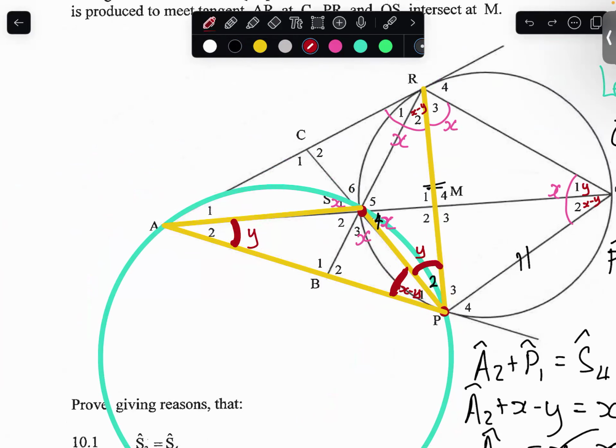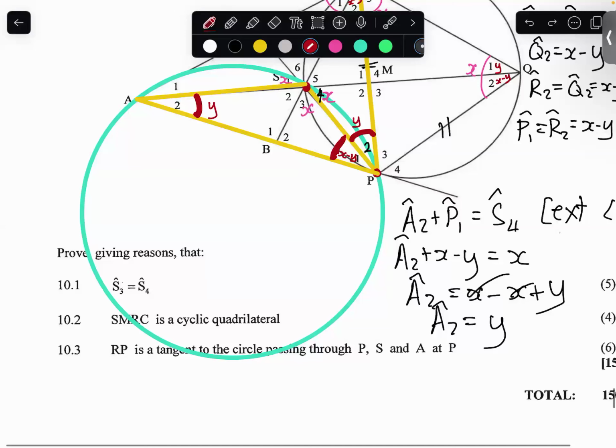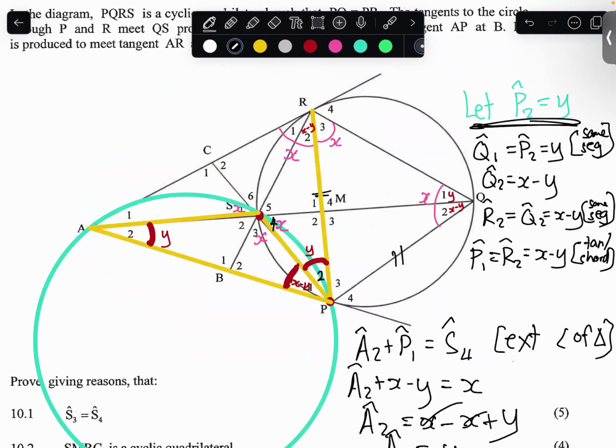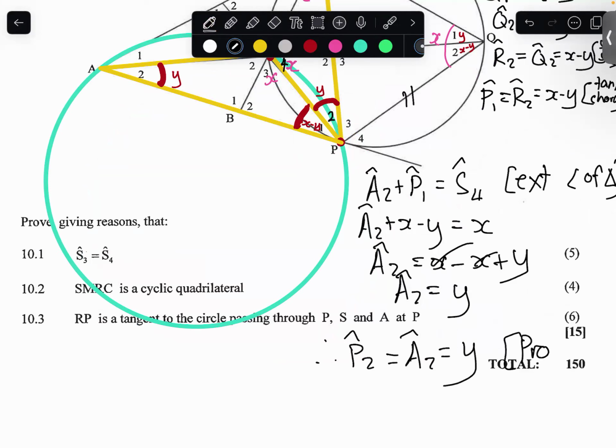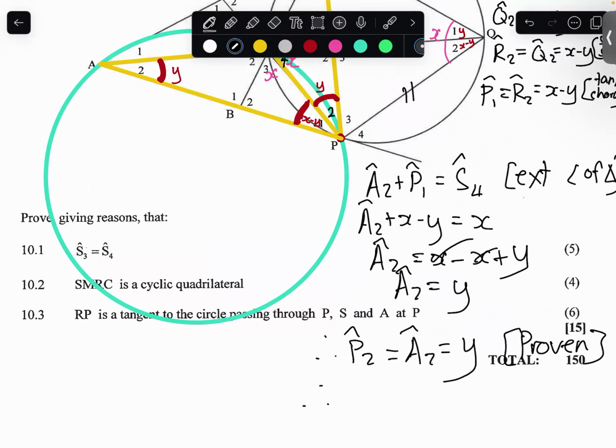So I'm going to say, therefore, this is how I'm going to end. I'm going to say, therefore, P2, the same one that I started off saying, let it equal to Y, is equal to A2 because they are both Y. And my reason is proven because I proved them both Y, so that's how they are equal. And then I'm going to end by saying, therefore, RP is a tangent.